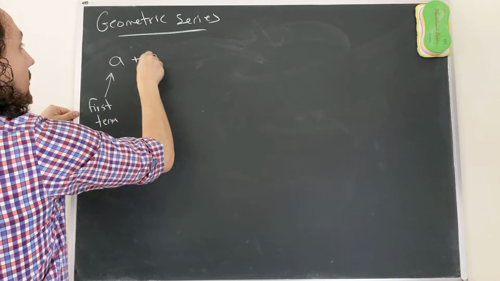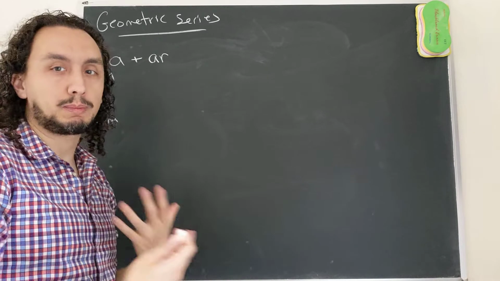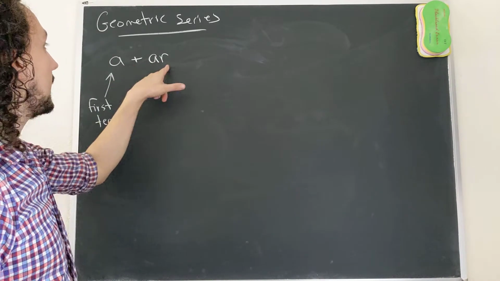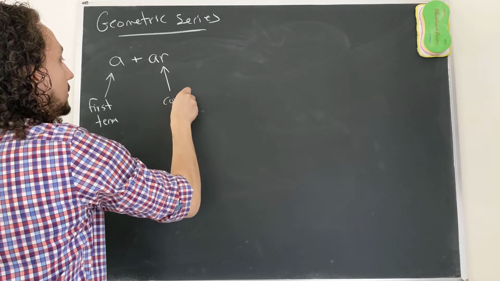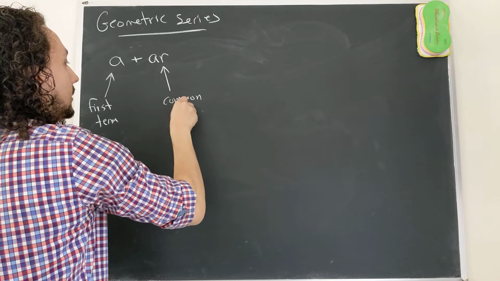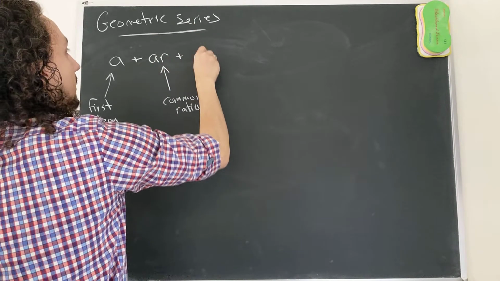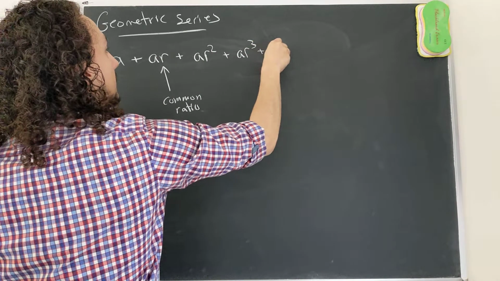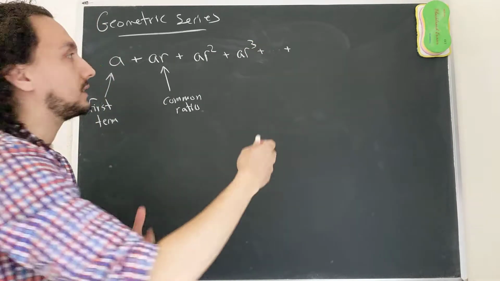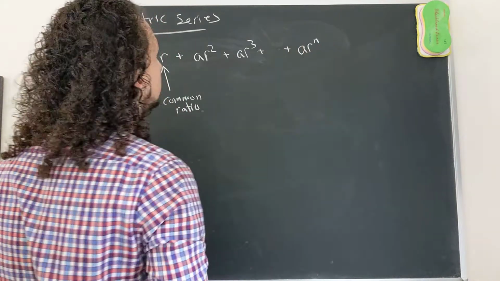Now the second term is going to be A times R, because I always have to get the next term by multiplying by some number, and here I'm going to treat R as my common ratio. So then the next term should be the previous term times r again, so that's ar squared plus ar cubed, and that goes up until some ending point, so we'll say plus ar to the n.